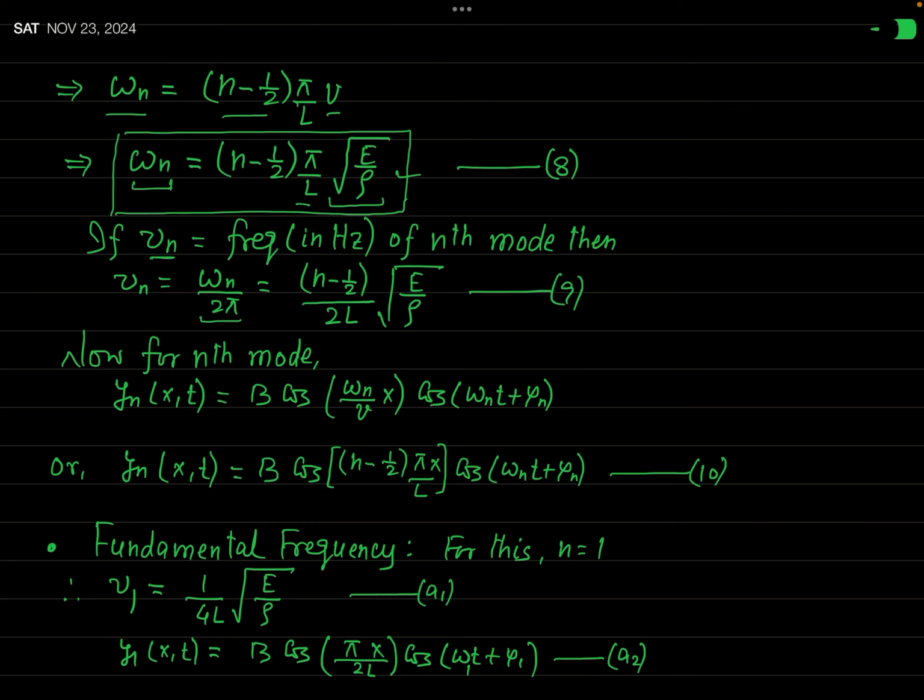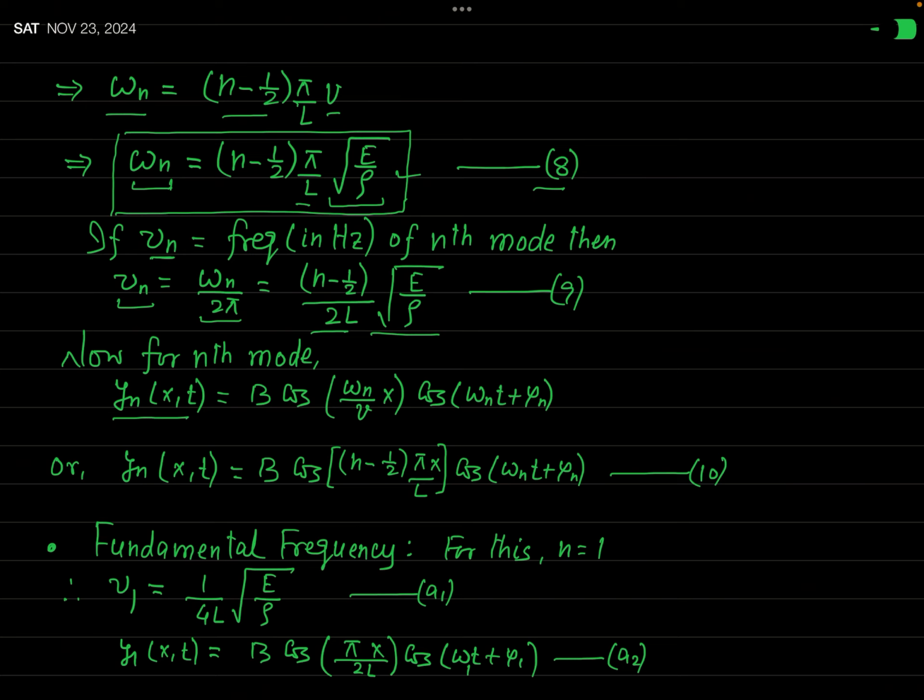So when you divide the RHS of equation 8 by the constant factor 2 pi, you will get this frequency nu n. And this nu n will be (n minus 1/2) over 2L times this much. So you can see how easily, by applying the second boundary condition, we have obtained the expression for the normal mode frequencies.